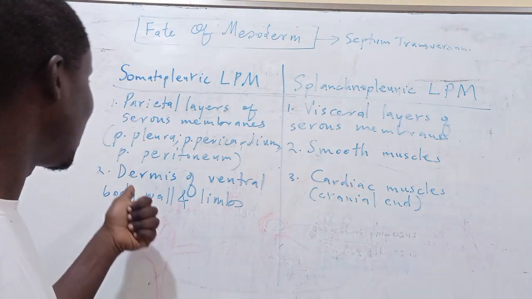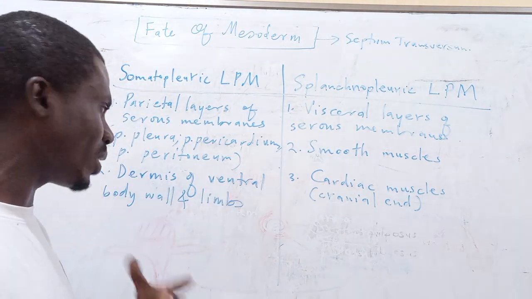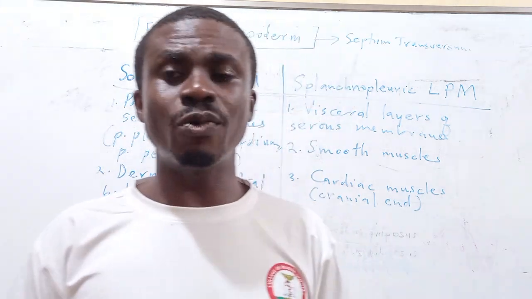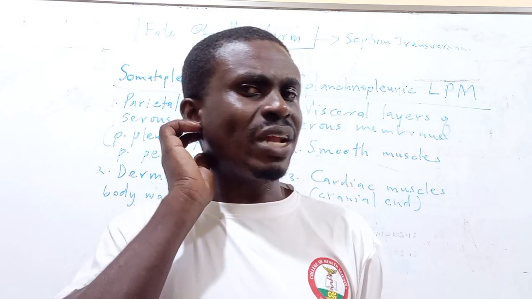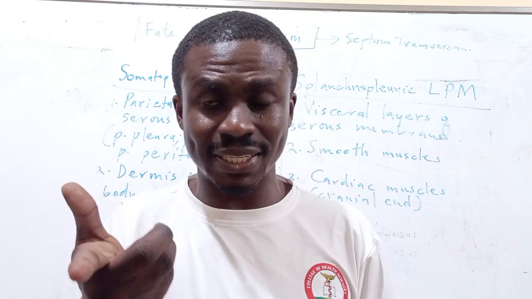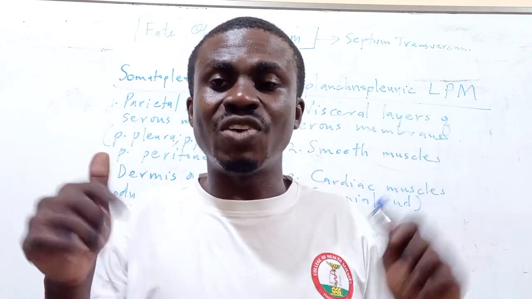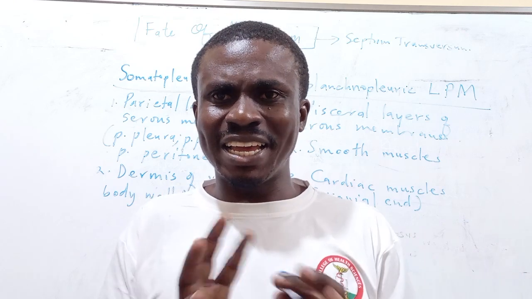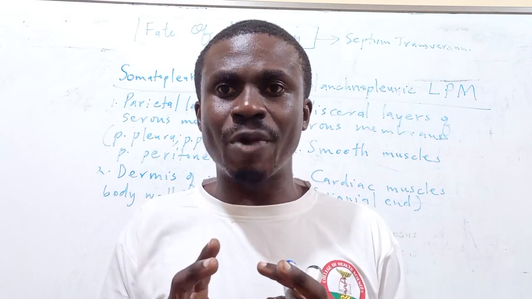So the dermis of the ventral body wall and that of the limbs, that's one thing I want you to be aware of. How about the dermis of the head and face? They will be coming from neural crest cells. These are the variations I want you to be aware of.